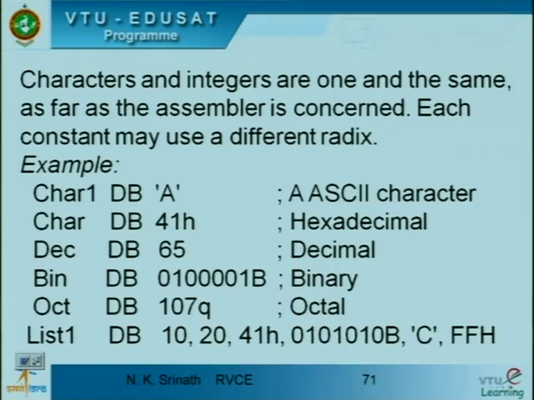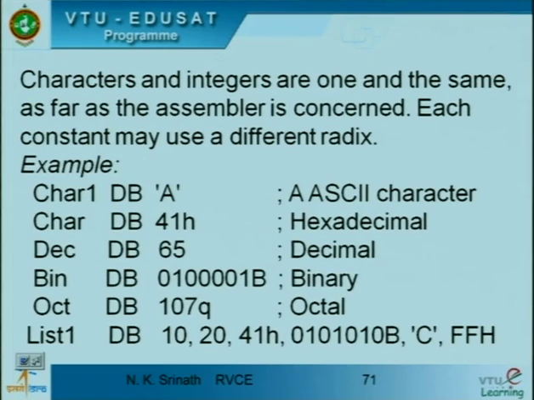The examples below illustrate this. For example, character 1, we say 'A' within quotes, an ASCII character. Similarly, char DB 41H: 41 is an ASCII code taken as a hexadecimal number and stored. If you give decimal 65 without an H, it takes this value as 65 decimal, converts it to hexa and stores it in the memory location.